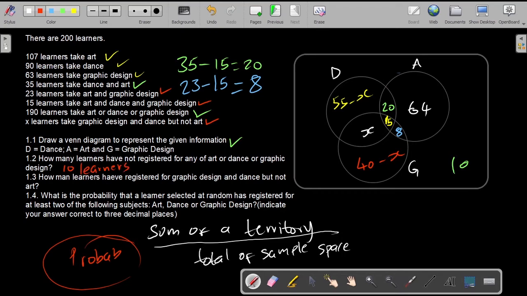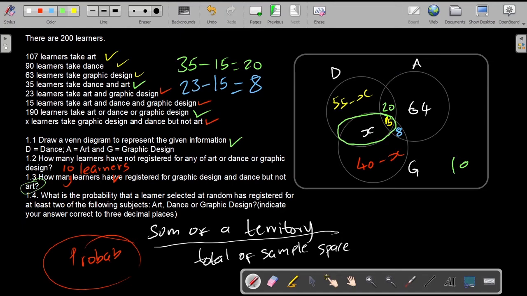And 1.3 says how many learners have registered for graphic design and dance but not art. So we're looking for an intersection of G and D. So the intersection of G and D is over there, but there is an exclusion of art.